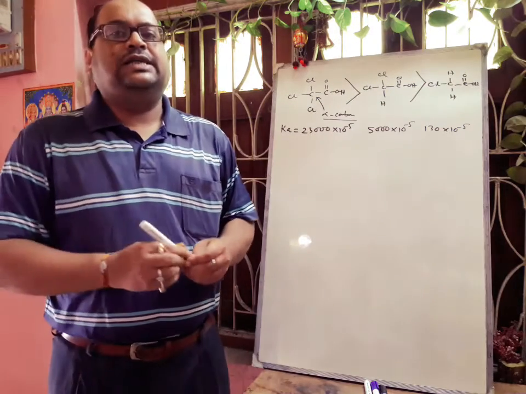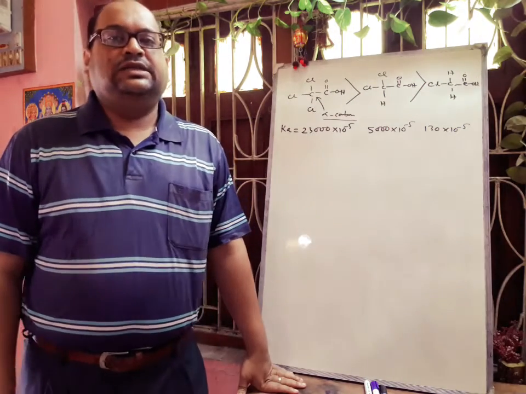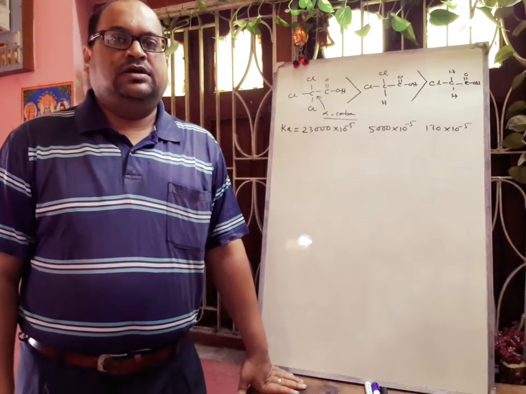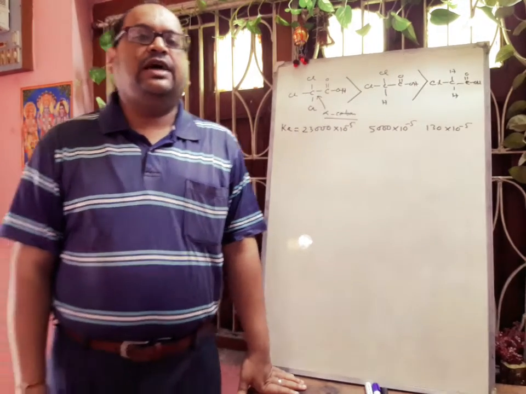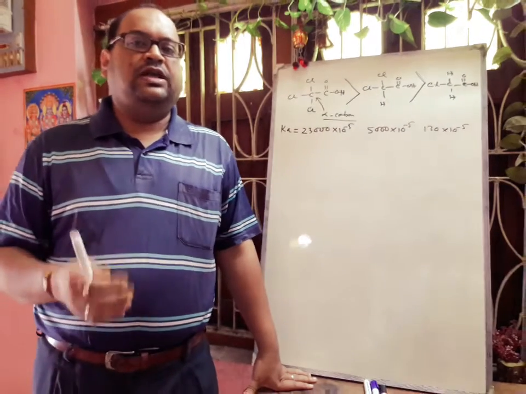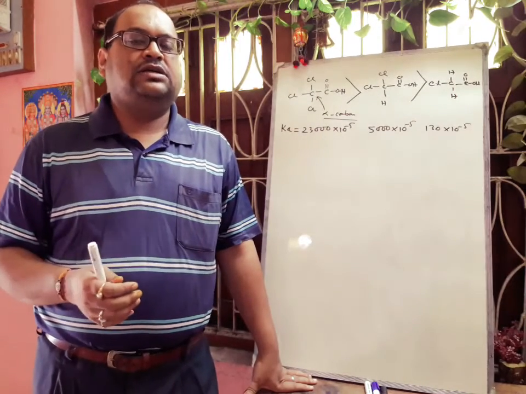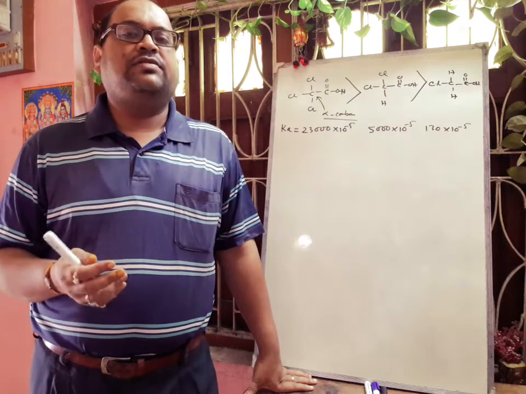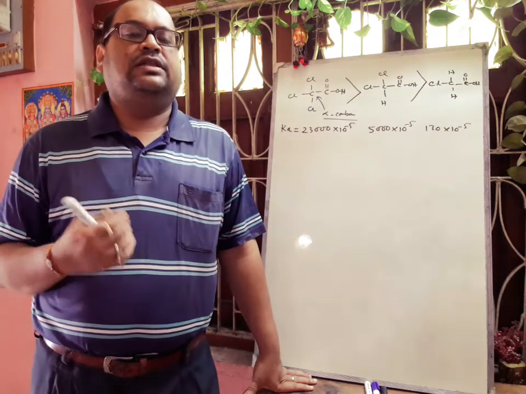Next we will discuss that acid strength increases with increasing the electronegativity of the substituents. Suppose we think about the 4 different halogens, fluorine, chlorine, bromine, iodine. We know that the electronegativity of fluorine is greater than chlorine, and chlorine is greater than bromine, then iodine.